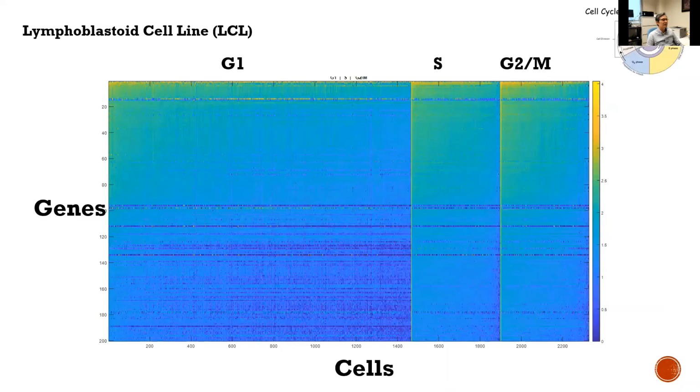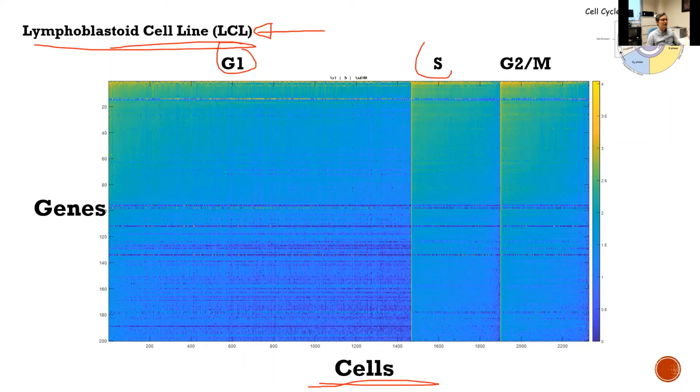Using LCL as an example, I'm going to tell you the filtering process to collect a highly homogeneous population of cells. Even for this cell line sample, we know there are cells in G1 phase, S phase, and G2 phase, so we can use marker genes to identify those cells.